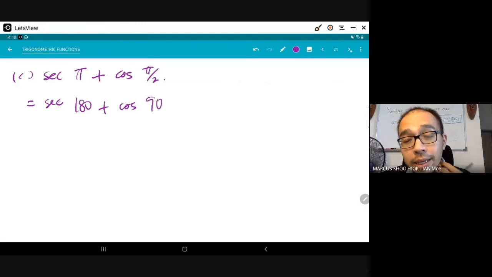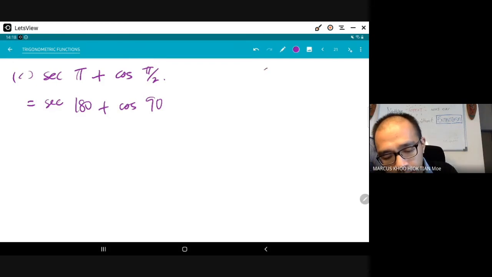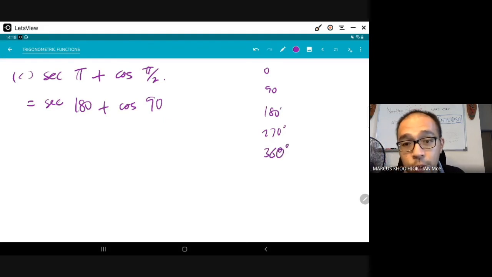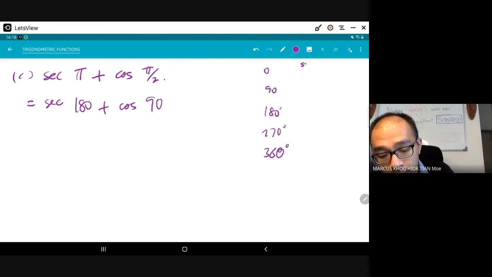So this is something else that I didn't mention that I want to mention now. Also another set of special angles. 0, 90, 180, 270, and 360 are also another set of special angles. So sine 0 is 0, 1, 0, negative 1, 0.